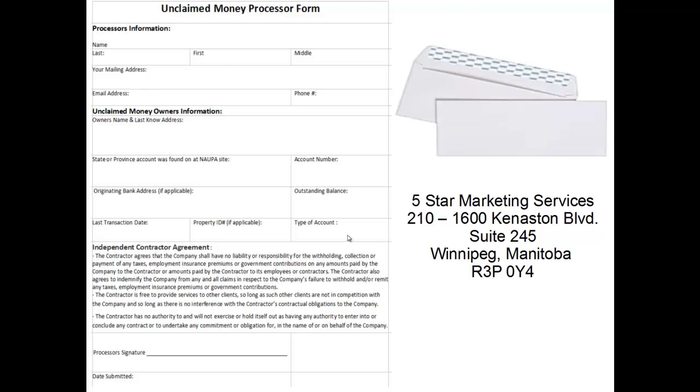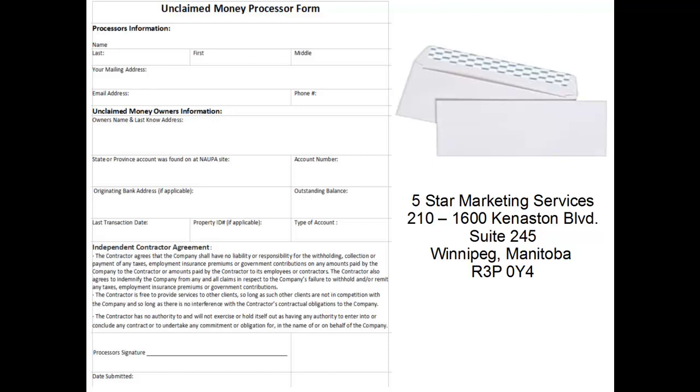And then the account type, what it is, if it's a trust fund, a checking account, a bank account, savings account, anything like that, you just put the type of account in there. If it's not provided for some reason, again, you would just put N/A in there.